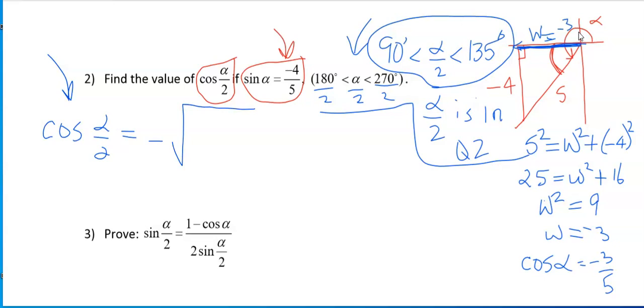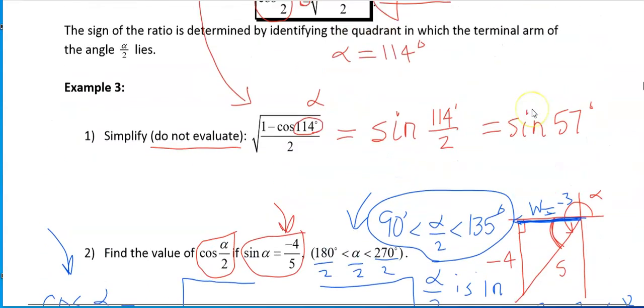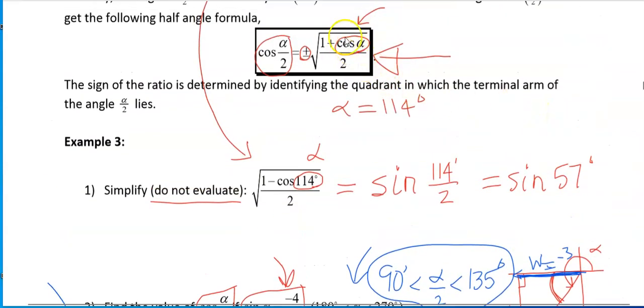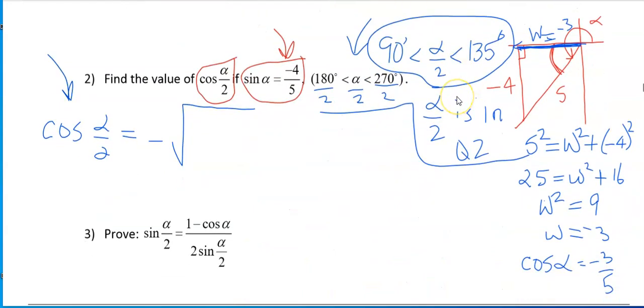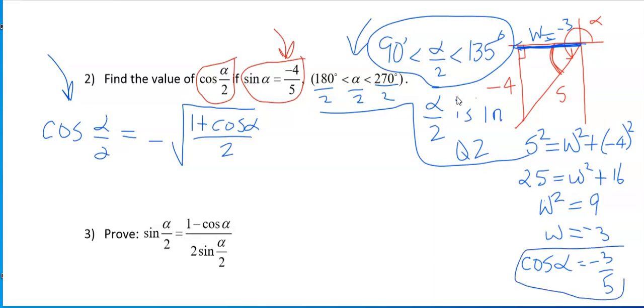So that tells you whether to use the positive or the negative in the formula. The other part of the formula, of course, is 1 plus cosine alpha divided by 2. And now basically this problem boils down to just plugging in -3 over 5 for alpha. Because we just worked that out a minute ago, remember?